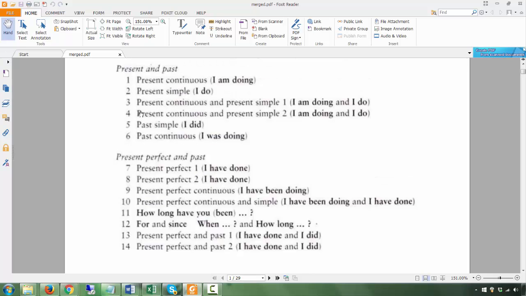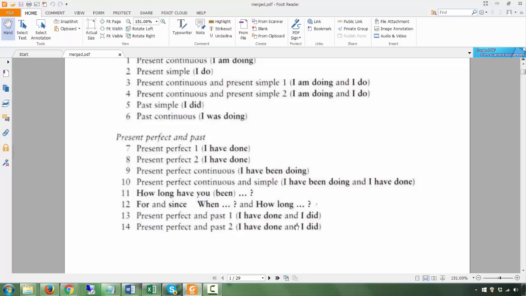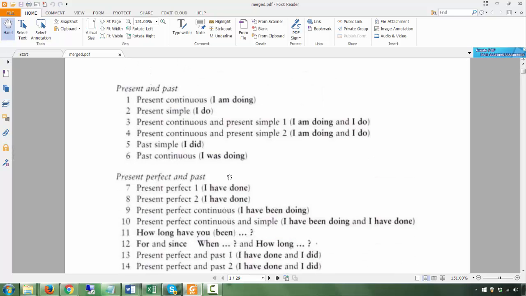Just now here they tested you the difference between present continuous and present simple because it's very often confused. But here, what is often confused is the present perfect simple tense and the past simple tense. Okay, so chapters 13 and 14 will challenge you to understand the difference in meaning. Okay, so these are the 14 chapters.